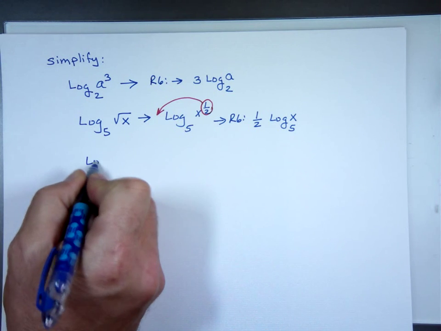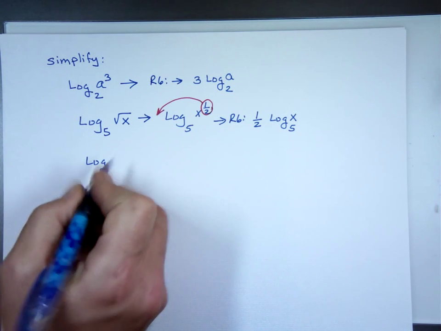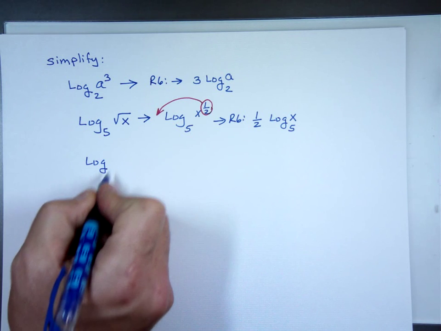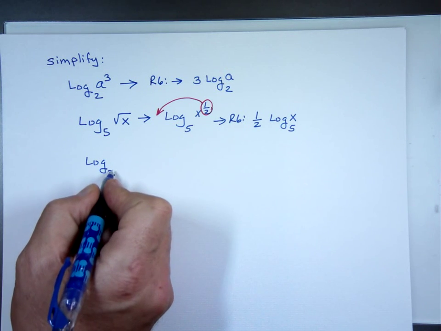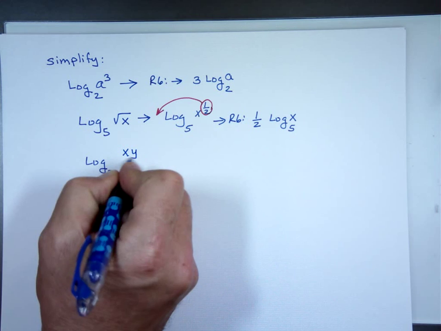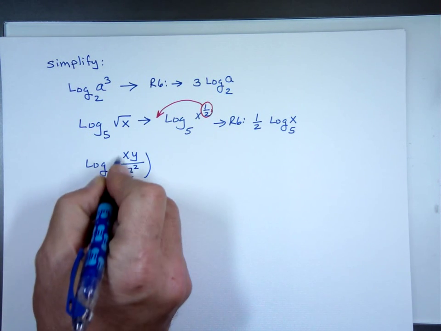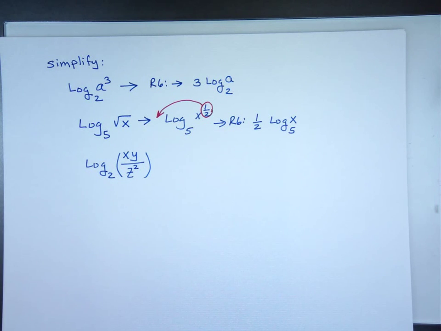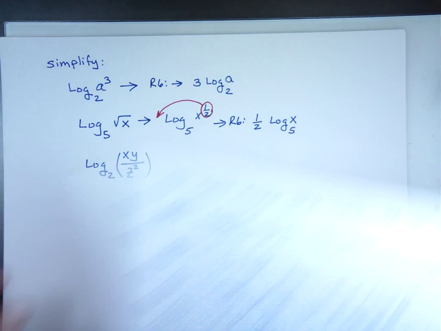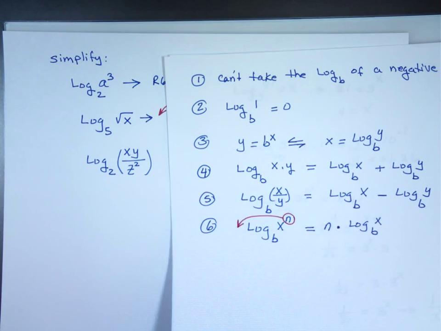Log base 2 of xy over z squared. This is going to be more than one rule. What is the first thing that you see? I see a big fraction, division.